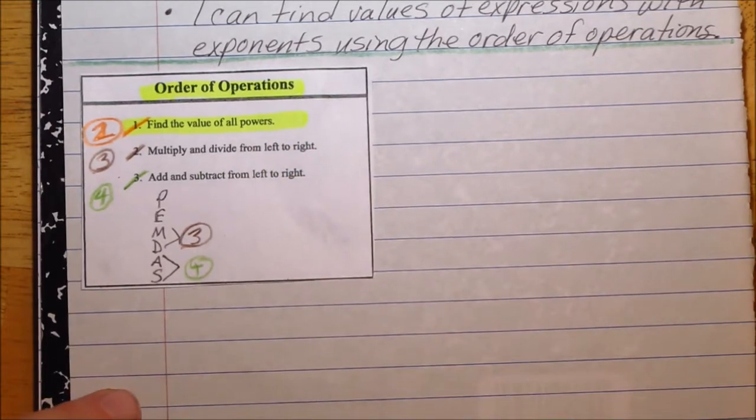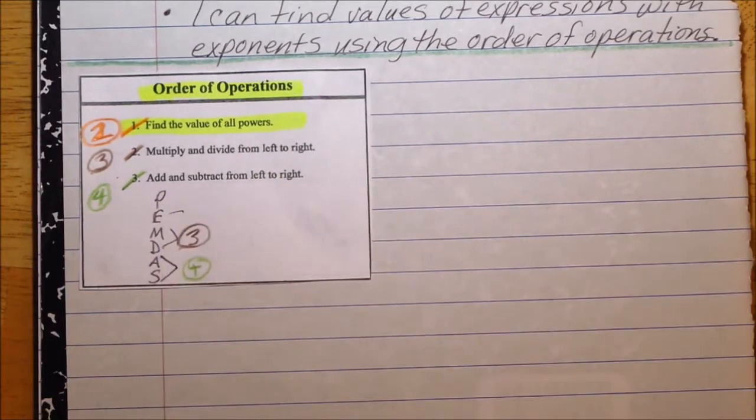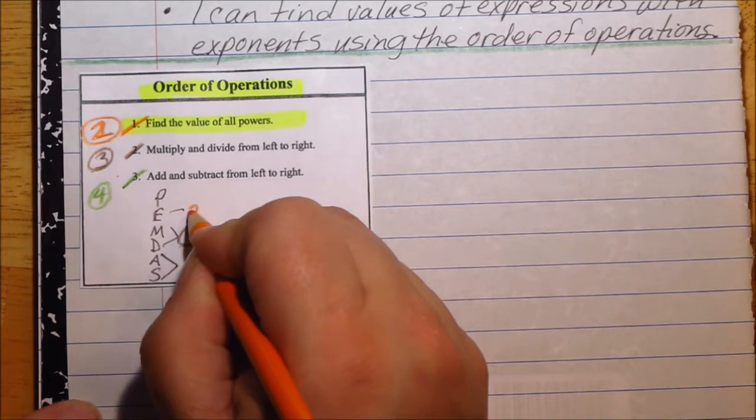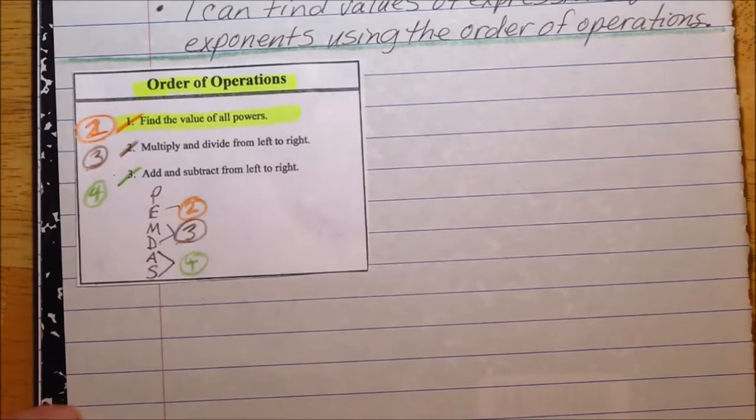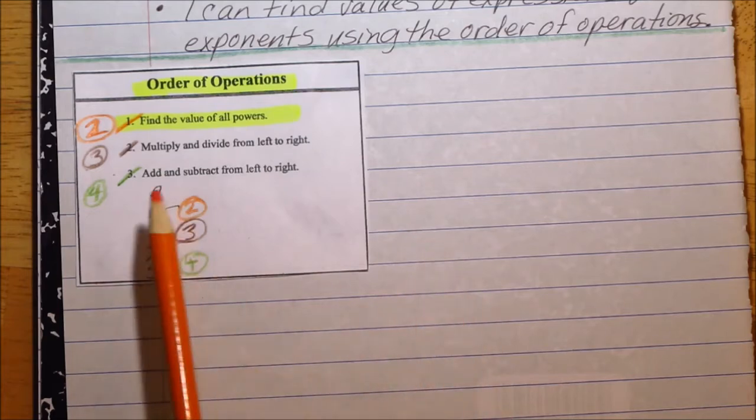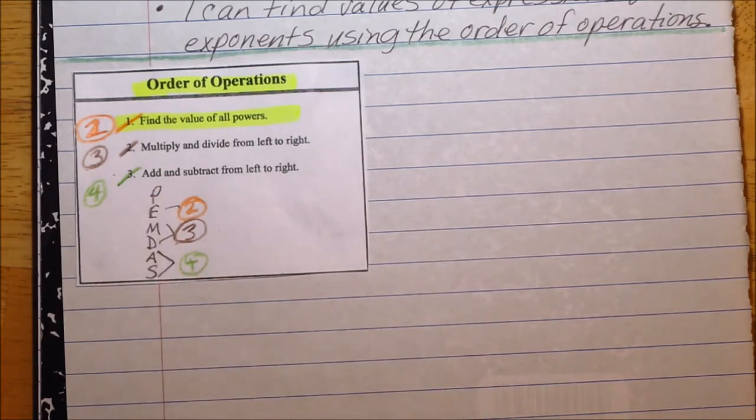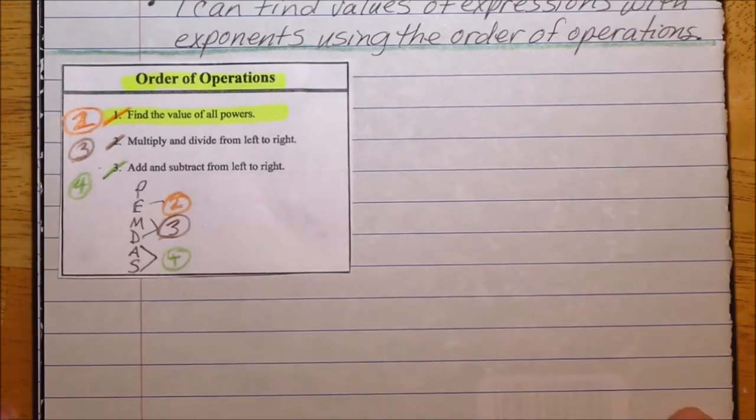And then E stands for exponents, which is the one we will be learning about in this lesson. So then in the next lesson, guess what? We'll be learning about parentheses, or rather grouping symbols, as we've discussed when we were learning about lesson 1.1.